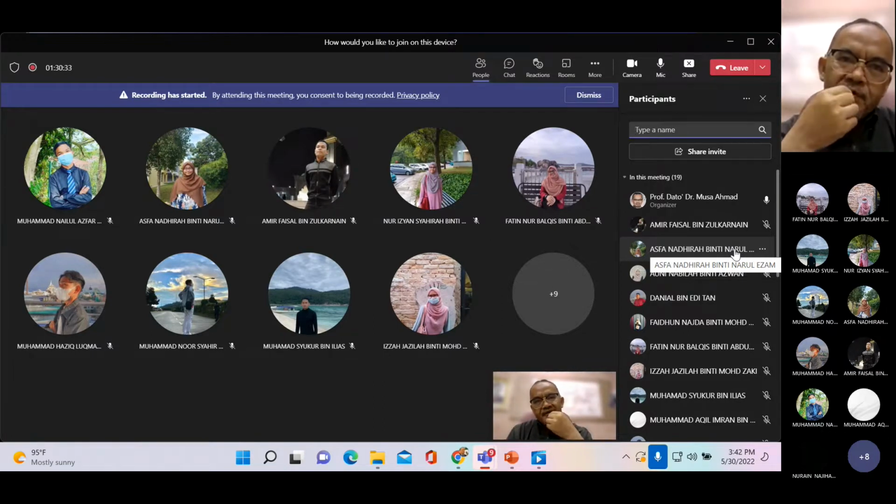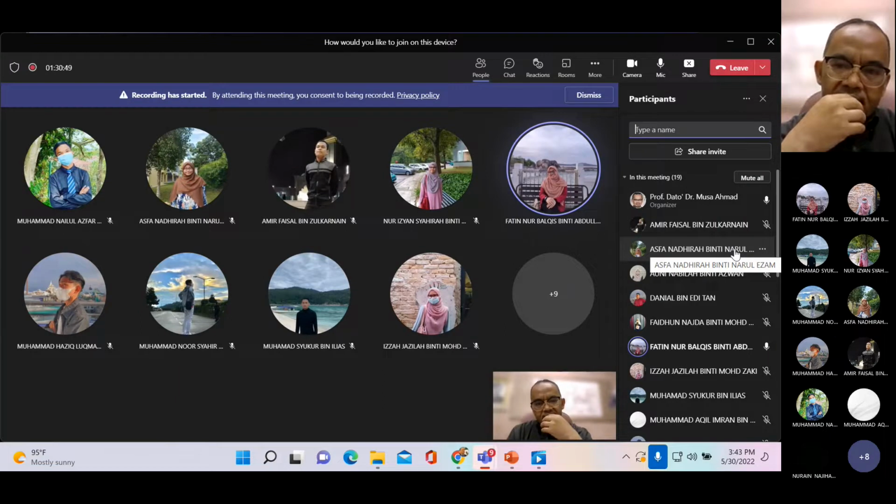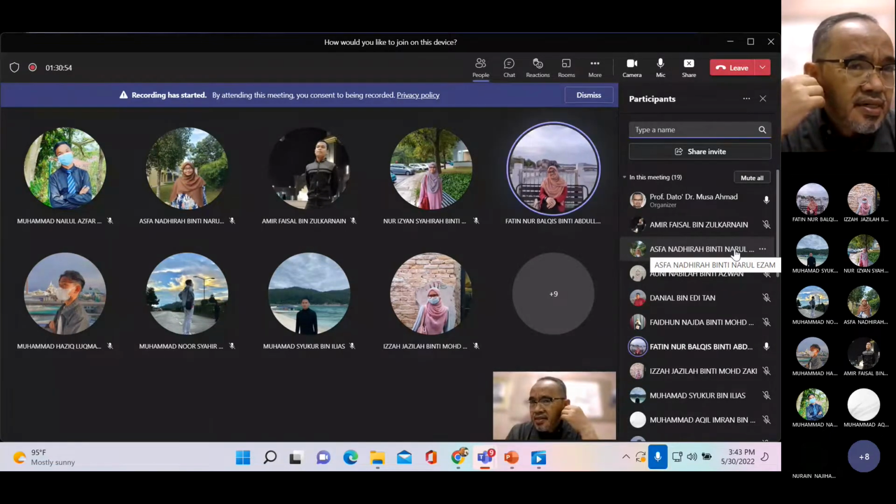Cuma kadang ada keperluan kalau kita nak detect. Maybe we have a few samples and we want to detect them simultaneously. Kalau you buat calibration, you masuk satu. Tapi kenapa tak letak serentak?